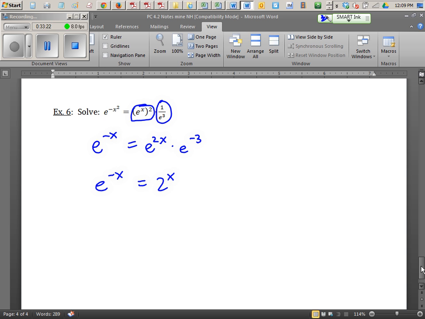You're not getting the squared on the left. I forgot the square on my left side there. Thank you. E to the minus x squared equals e to the 2x minus 3, because you're supposed to add the powers there. And now you can cross out your e. So just don't do it too soon. You get 1 hash mark per side, okay? Don't cross out a bunch of e's. Just 1 on each side. And then this needs to be solved carefully.